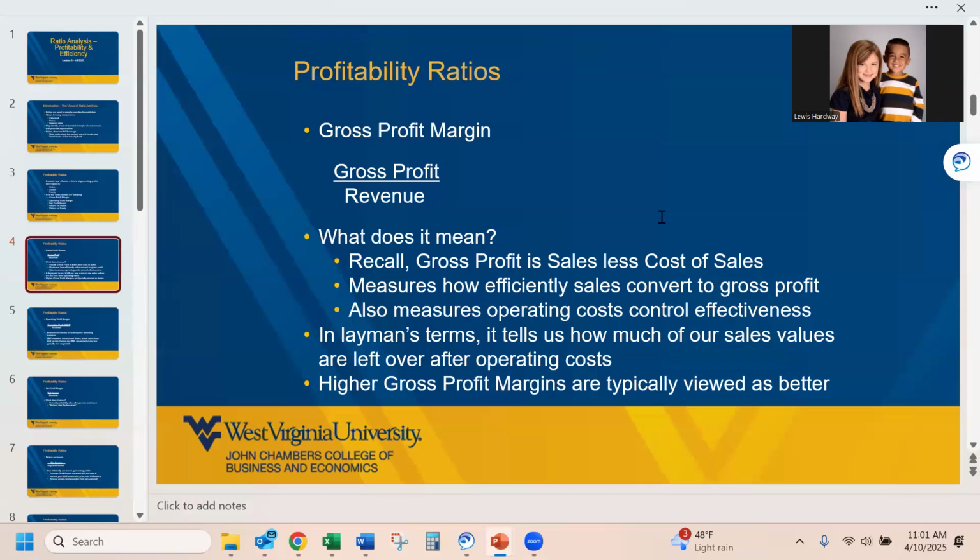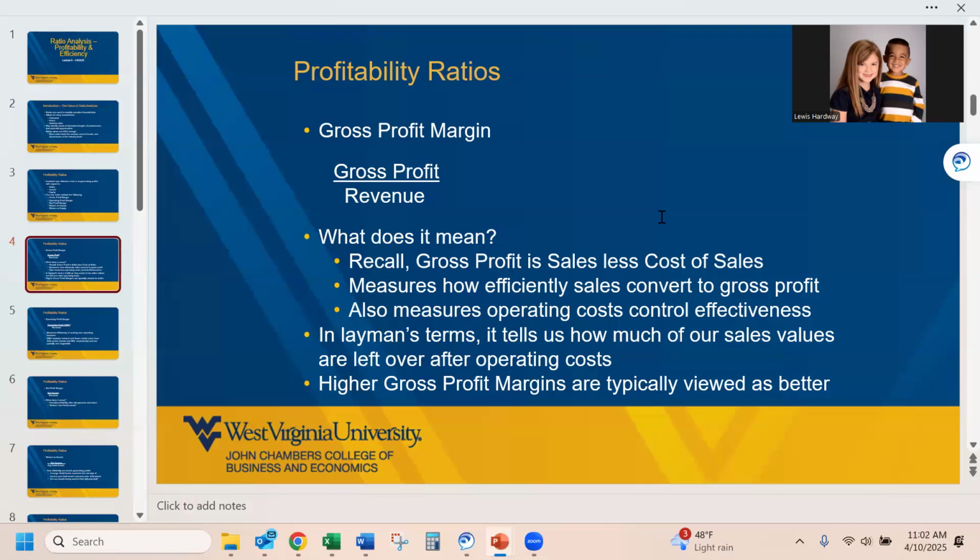Now, keep in mind that that is very industry specific. An industry that historically runs lower margins, because they're very cost centric, where it just costs a lot to do what they do, what is a high gross profit margin for them might be extremely low for another industry, like the tech industry, where gross profit margins are often very, very high.